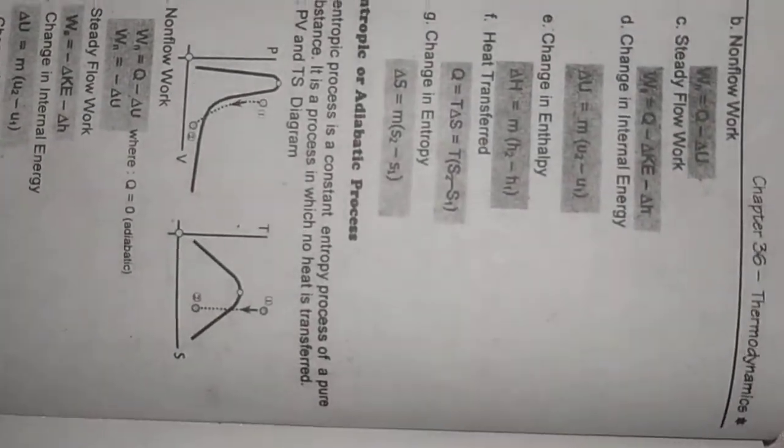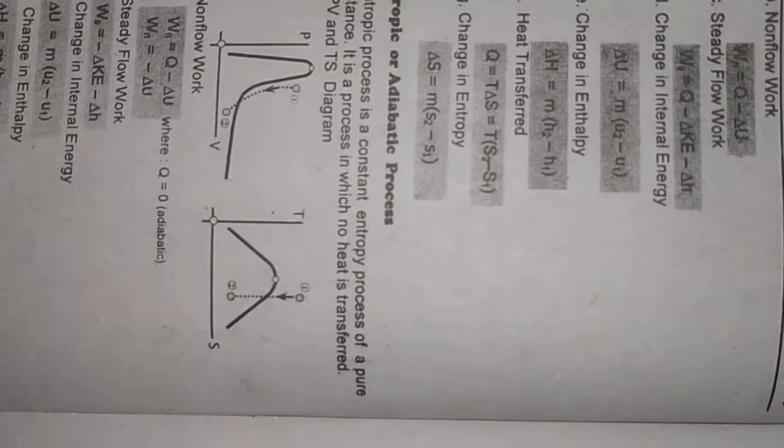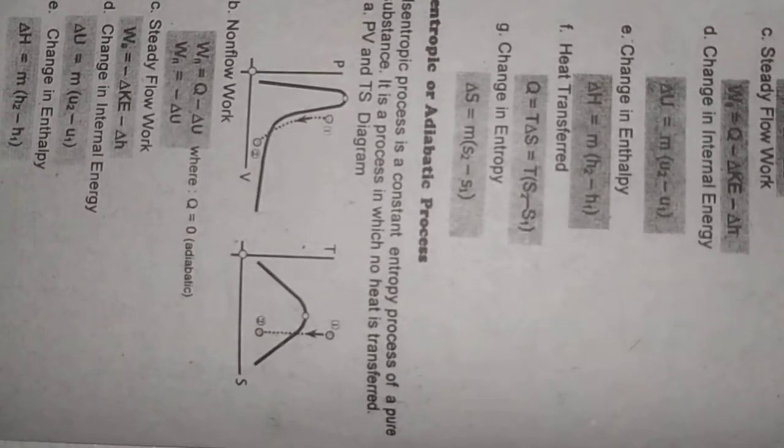So the isentropic process or adiabatic process is divided into two, which are the reversible and irreversible processes. In the reversible process, the substance goes back to its original state.